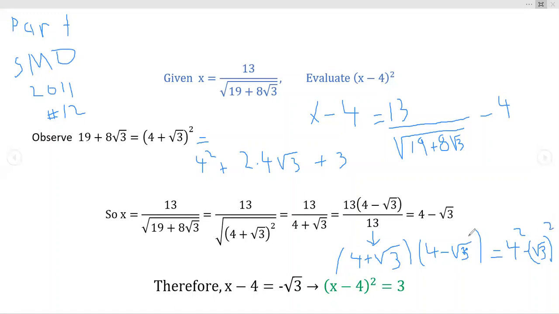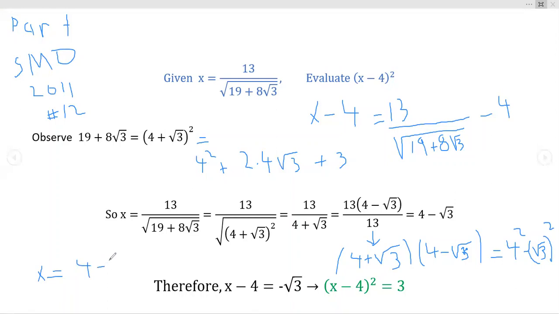So that explains it all. The whole nasty looking expression just ends up being 4 minus root 3. So x is equal to 4 minus root 3, right?